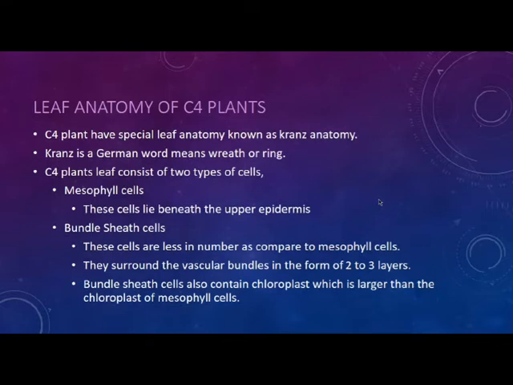So this is also a difference between C3 and C4 plants. In C3 plants, bundle sheath cells do not exist, or they are very few in number, and they do not contain any chloroplast. In C4 plants, the bundle sheath cells contain chloroplast.